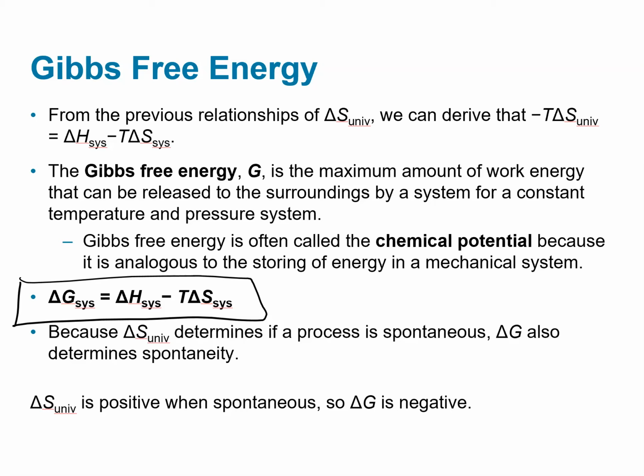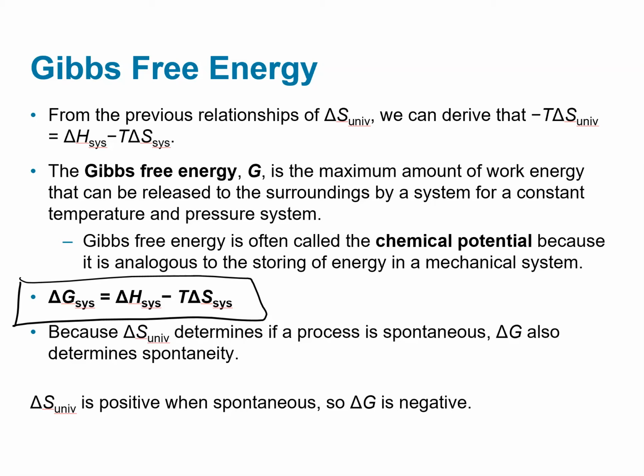And because we've already noticed that change of entropy of the universe determines spontaneity, we routinely and more frequently use delta G to determine reaction spontaneity. I'm going to lean on that pretty much for the entire second lecture, because if delta G is negative, it's spontaneous.